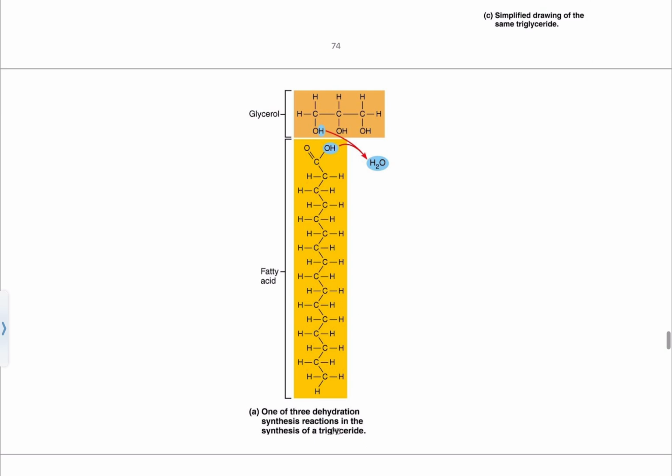Just like with any of our macromolecules, we have the same general reactions to build triglycerides up and to break them down. Every time we want to link something to something else, we have to remove water. So every time we link one fatty acid chain to the glycerol unit, we remove water. That is a dehydration reaction.